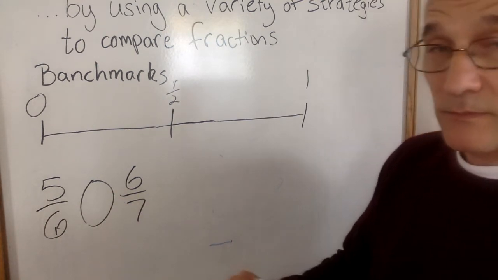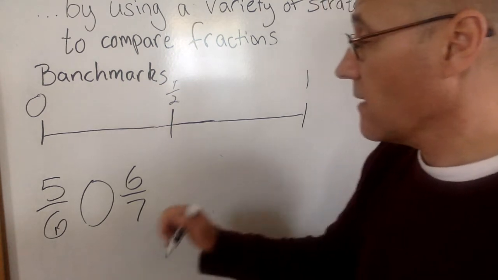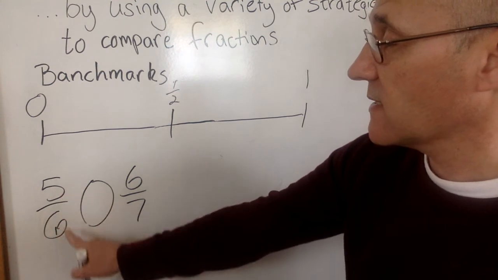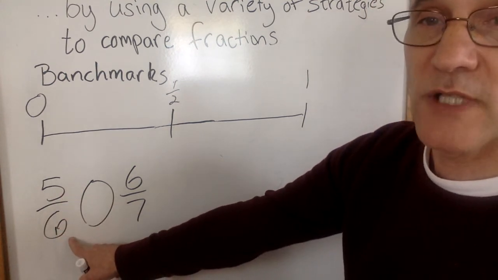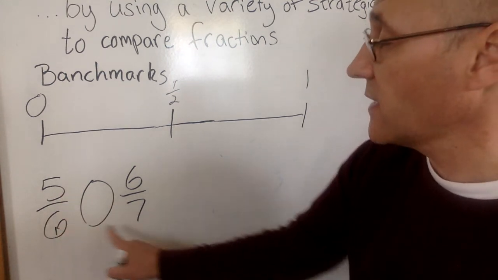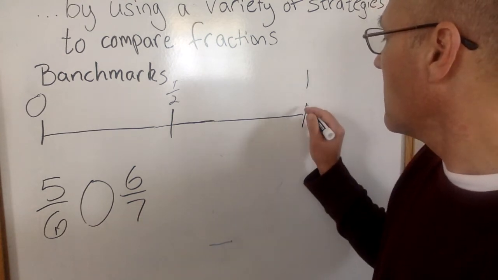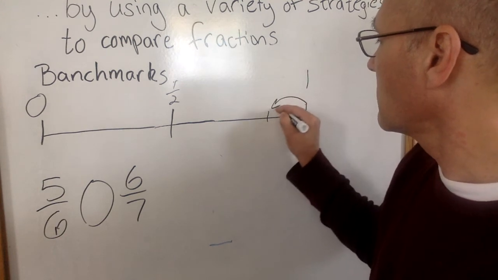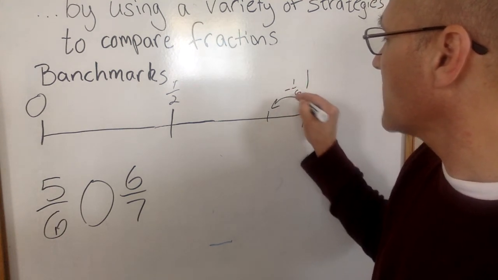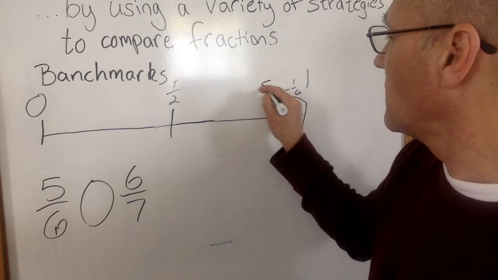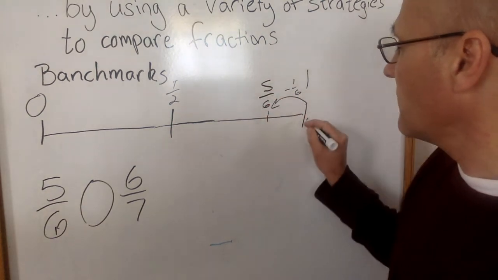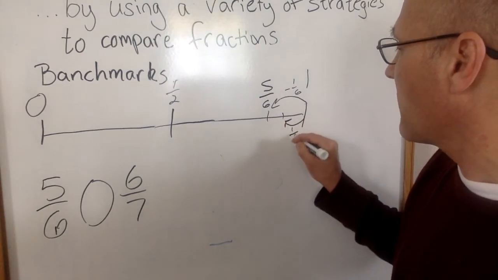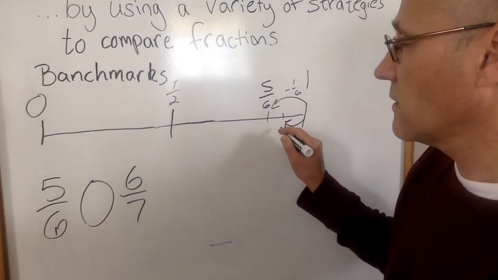Now, as we look at it, I know that larger denominator, smaller pieces; smaller denominator, larger pieces. Going back 1/6 from a whole is a greater distance than going back 1/7 from a whole.